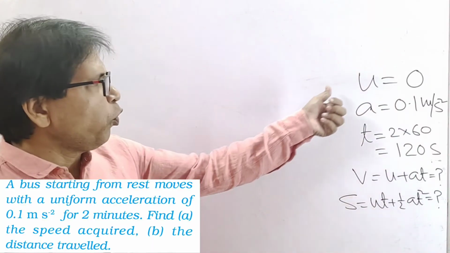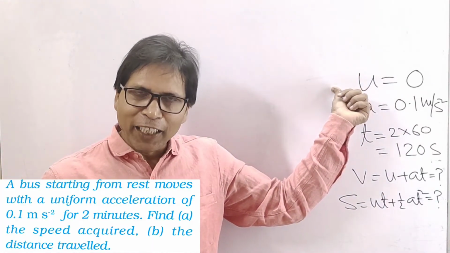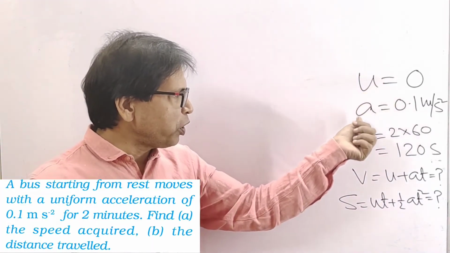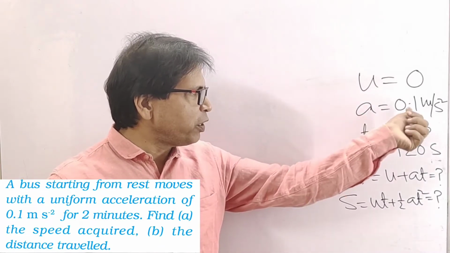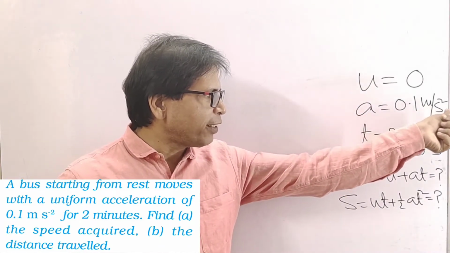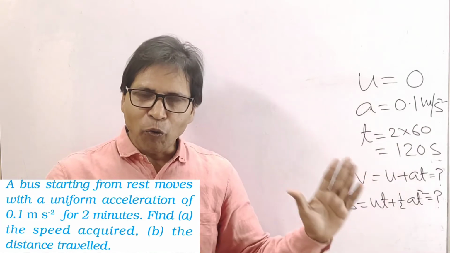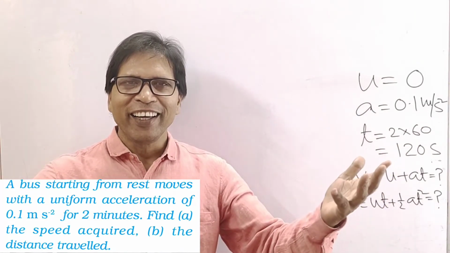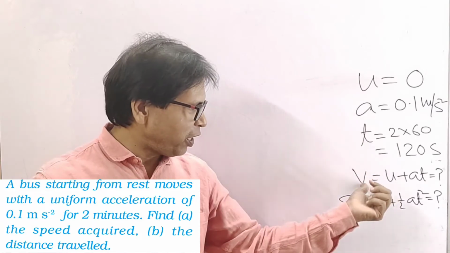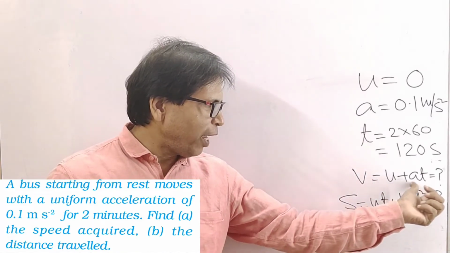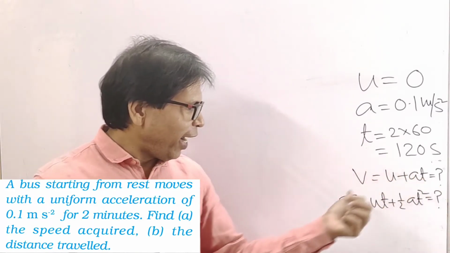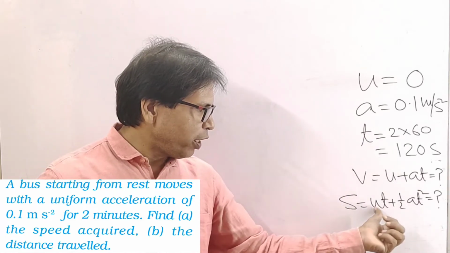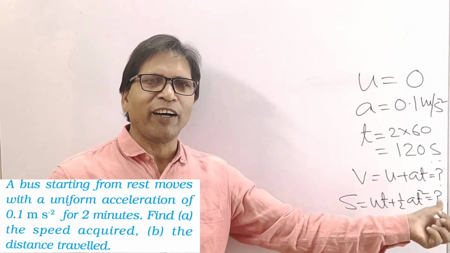Okay. Now look at this, a bus starting from rest moves with constant acceleration of 0.1 meter per second square for 120 seconds. We have to calculate the final velocity, v equal to u plus at, and distance covered, ut plus half a t square.